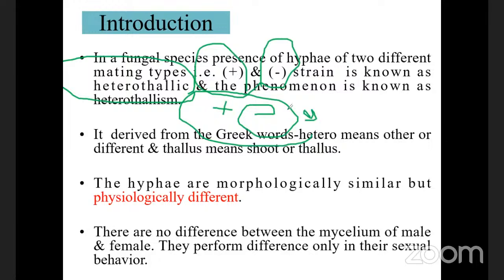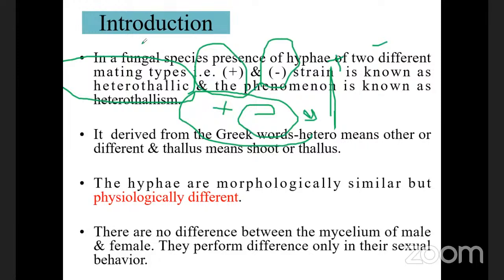But in some of the fungi, some of the thalli have only the plus strain, and some have the minus strain. Plus strain and minus strain are in different thalli. We call it heterothallism. That type of fungi we call heterothallic fungi.